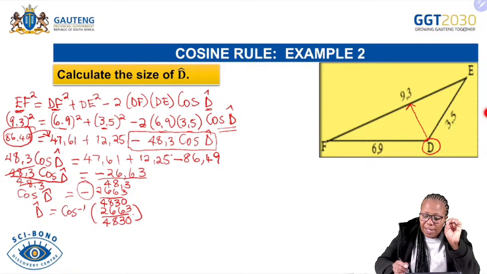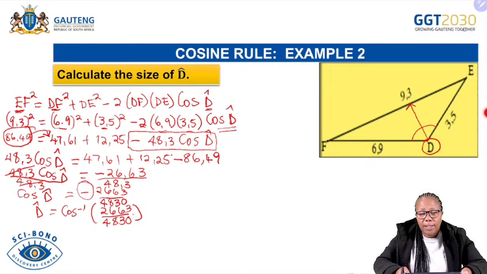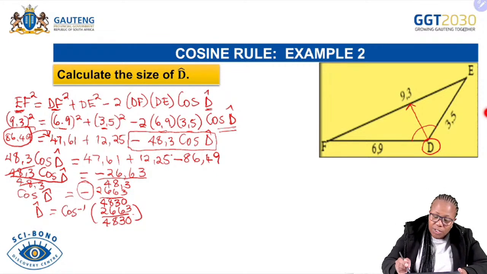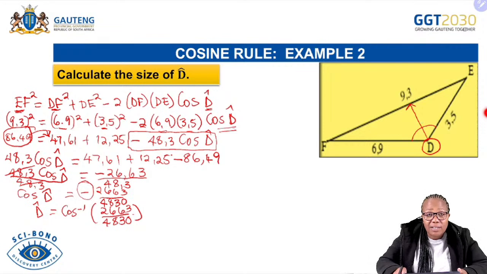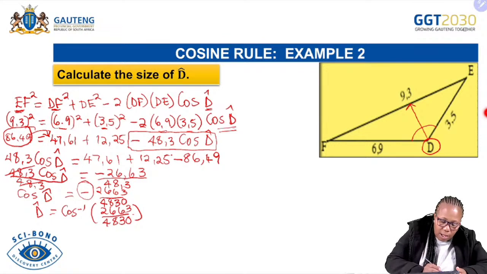But now if you look at D here, you can see that D is an obtuse angle. Therefore, we will be calculating according to our angle there. It is more than 90 degrees. We cannot say what we are having here is a final solution because we are going to look at the cos where it is negative.